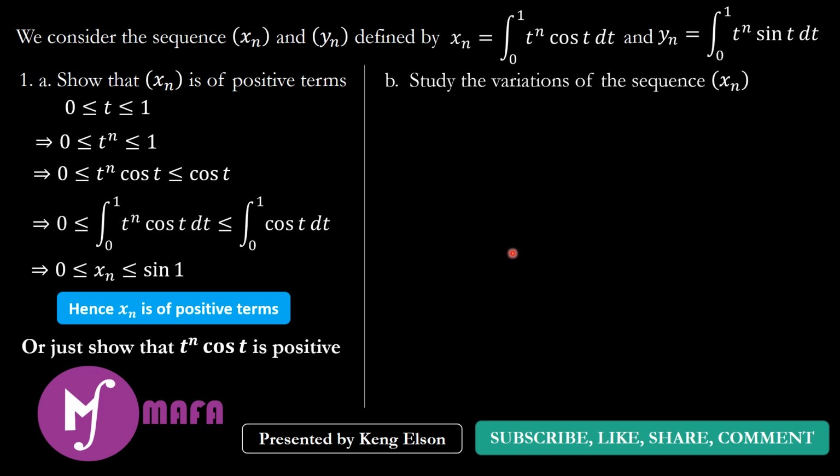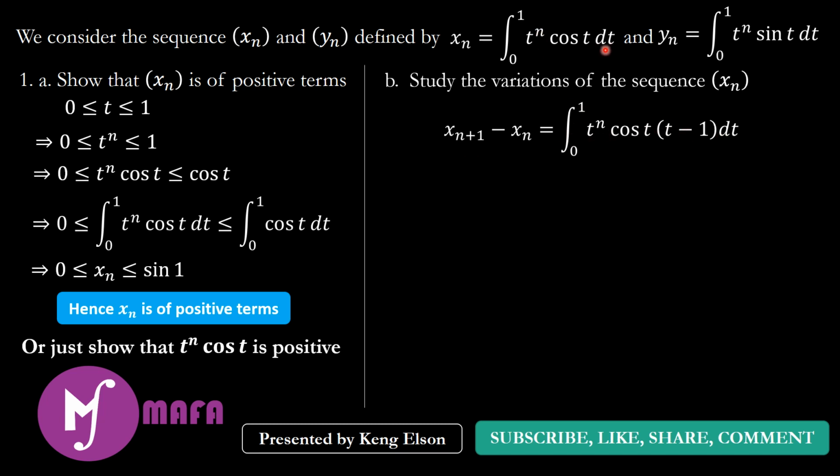Now question b is asking us to study the variations of the sequence xn. So all we need to do is to get the difference between x of n plus 1 and x of n. To get x of n plus 1, I just need to come to xn and replace the n with n plus 1. So x of n plus 1 minus x of n will result in this integral.